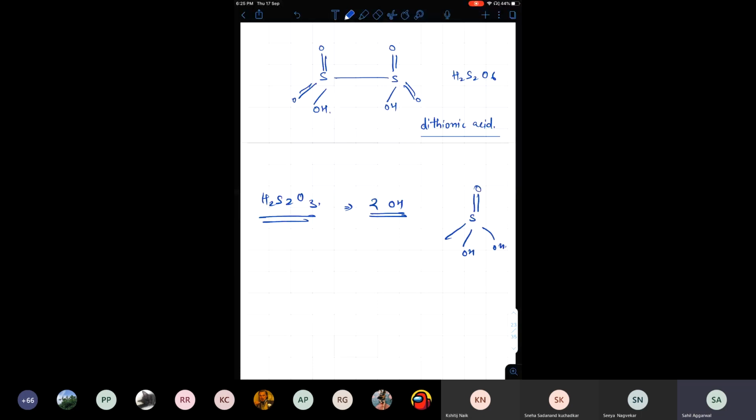So there will be a lone pair in this. This is H2SO3, sulfurous acid.